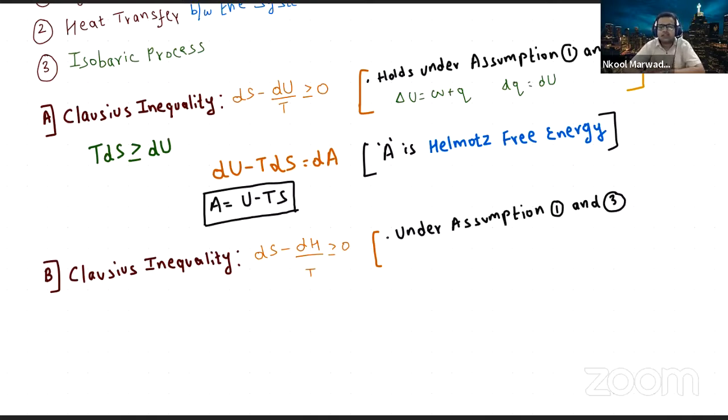Because what is assumption 3? Isobaric process, constant pressure. Now, one very interesting thing to focus on: when the pressure is constant, the force involved in the work done will be constant. So a constant amount of work is being done, with no increase in force taking place.